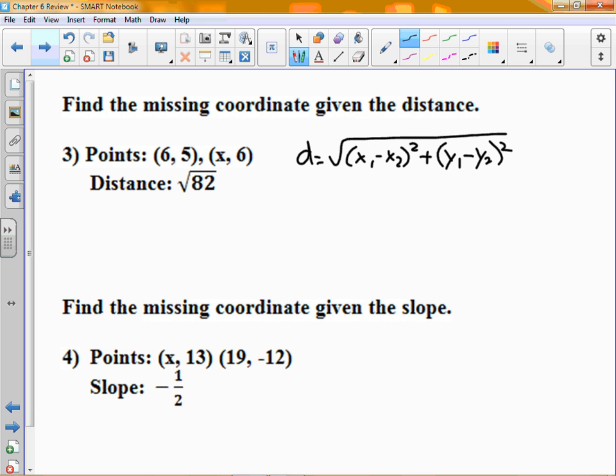Look, guys, there are 1, 2, 3, 4, 5 variables here. You take these 5 variables and plug them into the appropriate place in this formula and work it out.